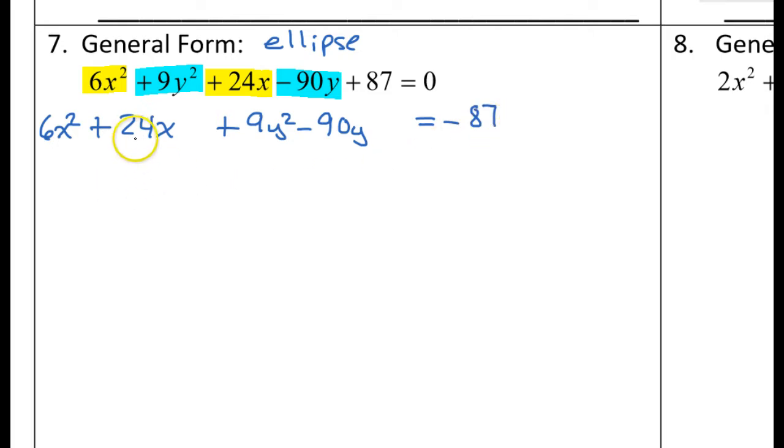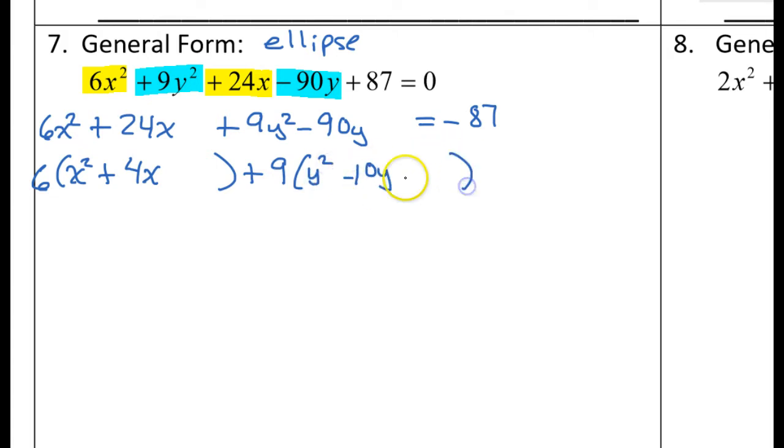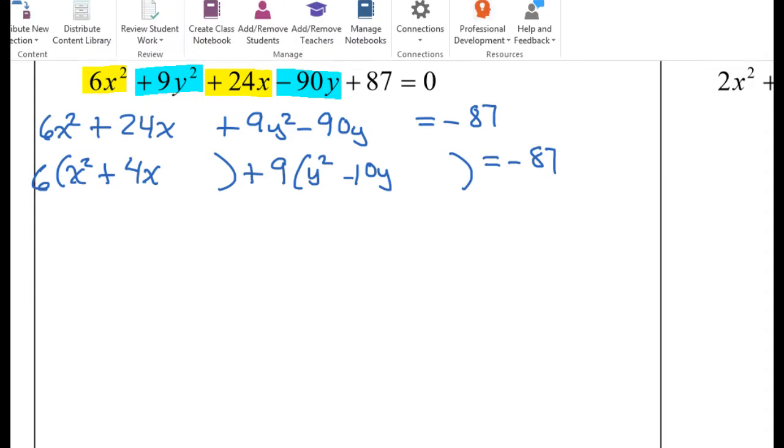Before I go doing half the middle squared, I need to factor the 6 outside of parentheses. So x squared plus 24 divided by 6 is 4, so I'll have 4x. Leave space to complete the square. I need to bring the 9 outside of parentheses. So this will be y squared minus 10y. Leave space to complete the square, is equal to negative 87.